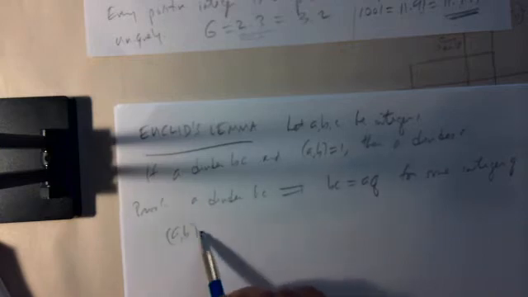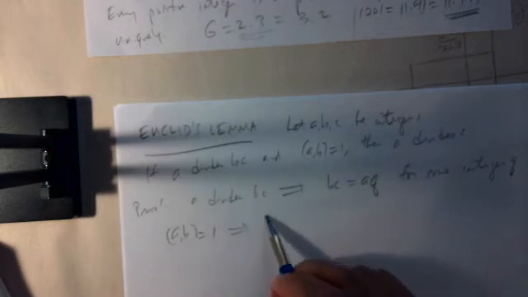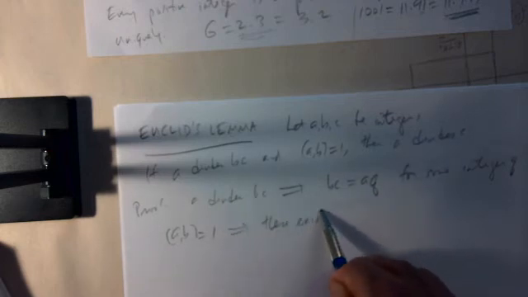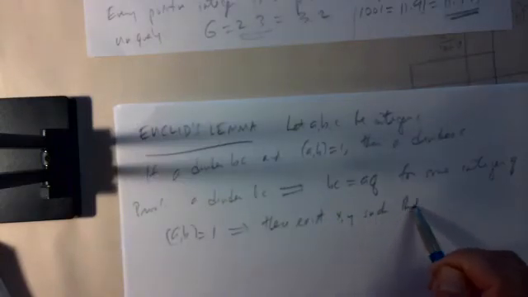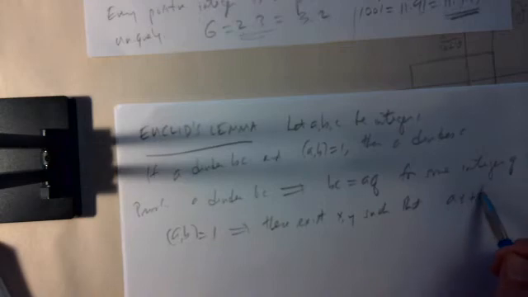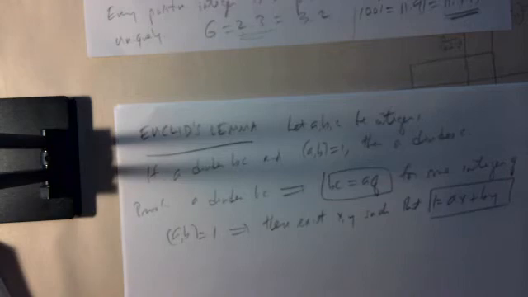And A and B relatively prime, greatest common divisor 1, implies there exist integers X and Y such that AX plus BY is equal to 1. So let's take this equation and multiply it by C. C is ACX plus BCY.